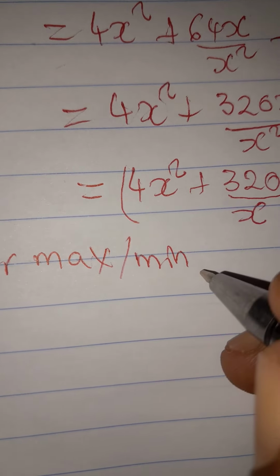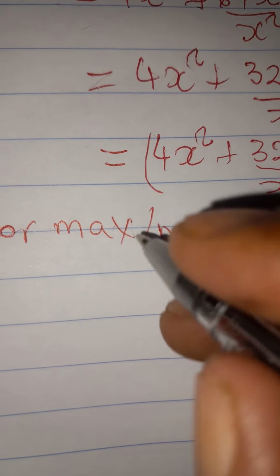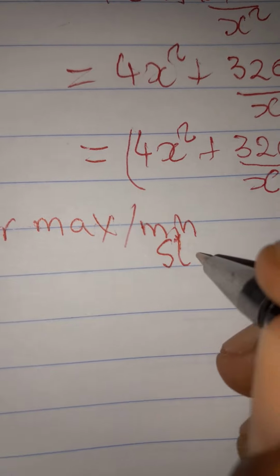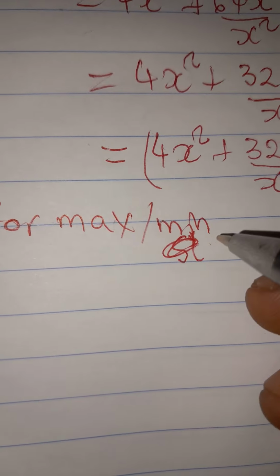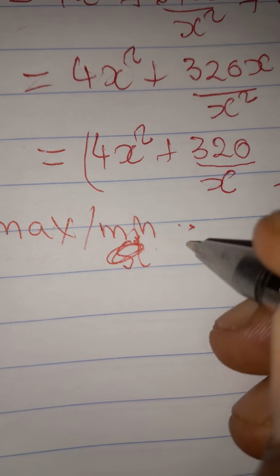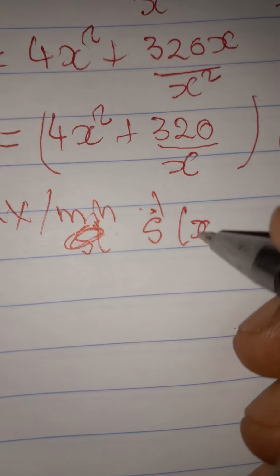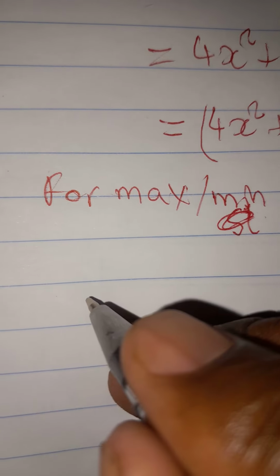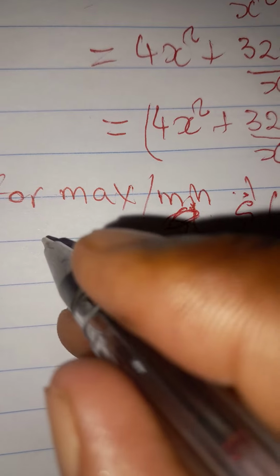Since we are working with the surface area here to derive, we could say the derivative of the surface area in terms of x will be 0. We can derive it in any notation.